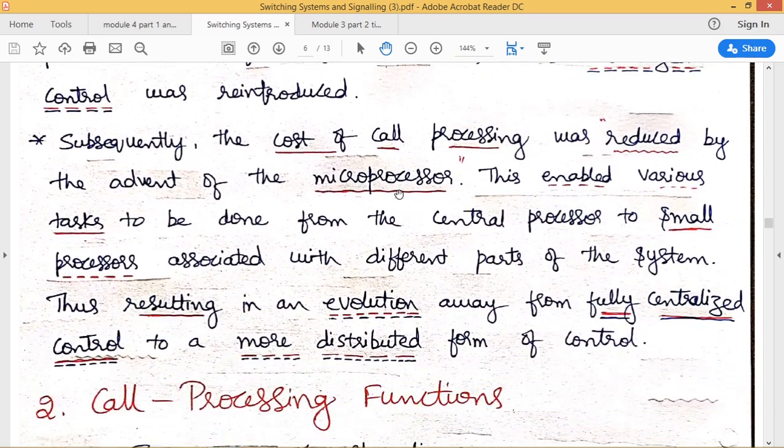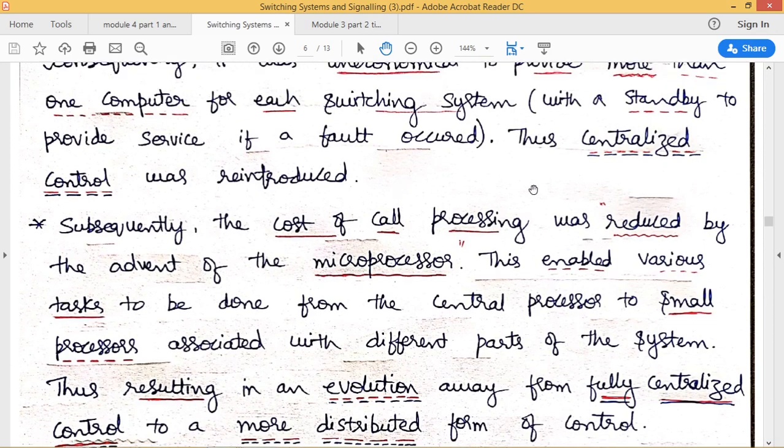Subsequently, the cost of call processing was reduced. The cost of call processing includes the switching system cost and the computer's cost. So the cost of call processing was reduced by the invention of the microprocessor. This enabled various tasks to be moved from the central processor to small processors.